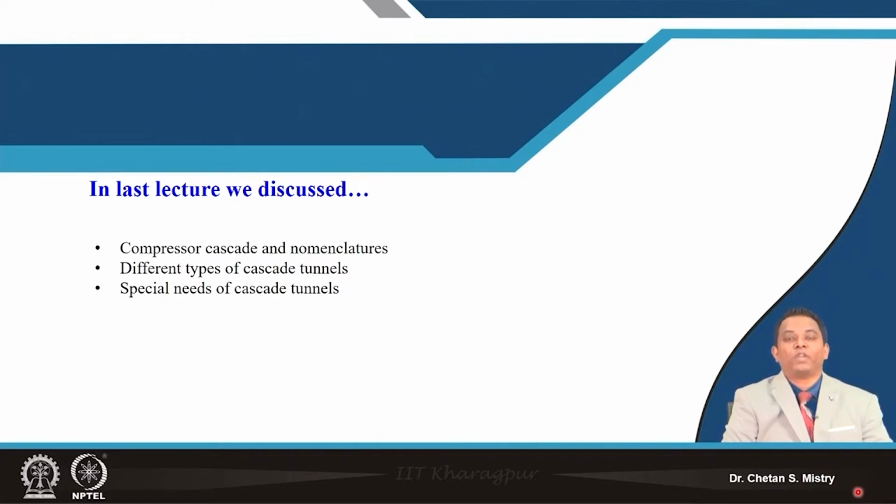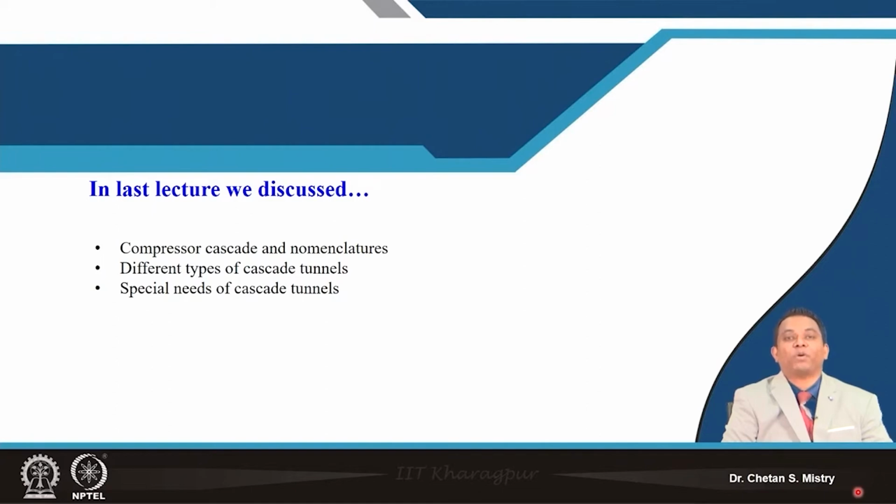In line with that, because of the presence of low momentum fluid and viscous effects under adverse pressure gradient, my flow exit angle deviates from the design, and that is what we defined as the deviation angle.